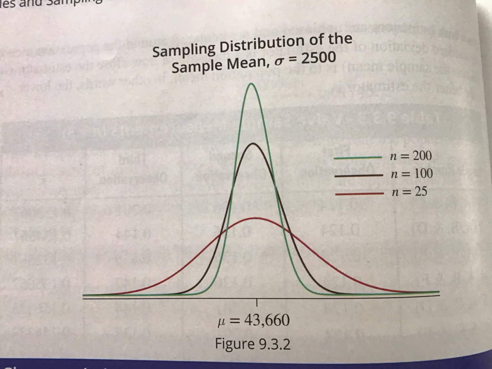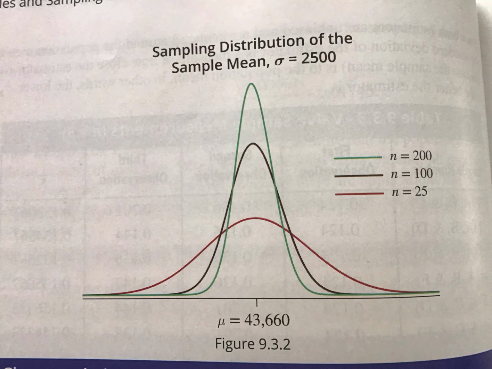This is an example of our bell-shaped curve, okay? So you can see here they've just taken something with a mean that's around 43,000 and they've got a large standard deviation as well. But when we are just looking at where the sample means lie, okay? We've got our population mean landing right in the middle, and then we have a certain amount of our sample means that land either side, okay?